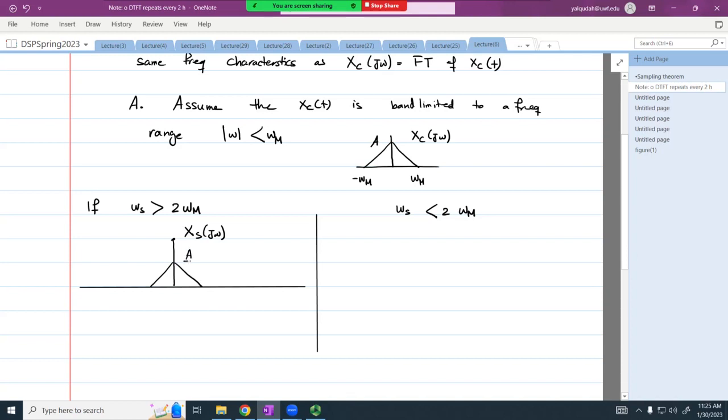This is 1 over t, and then I'm going to have a repetition. This is omega s, this is 2 omega s, and so on and so forth. This is omega m. What does omega s greater than twice omega m mean? If I look at this frequency here, what is this frequency equal to?